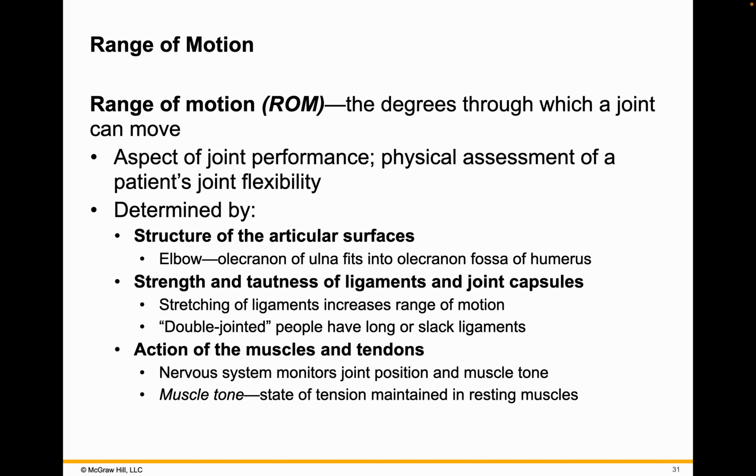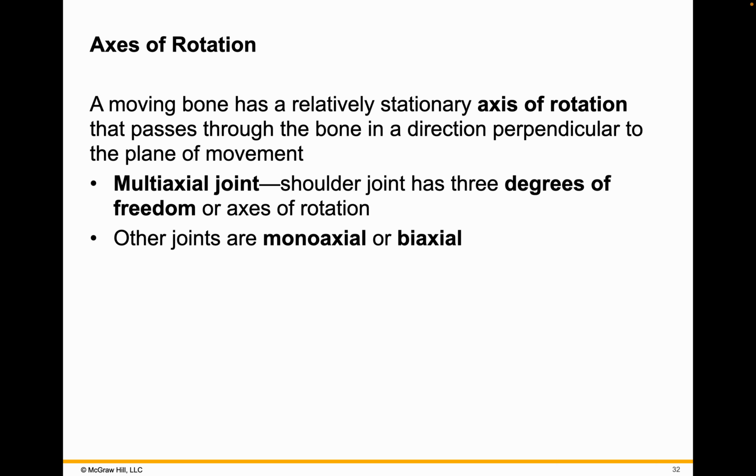Range of motion is the degree to which a joint can move. That's determined by the structure of the articular surfaces, the strength and tautness of the ligaments and joint capsules, and the action of the muscles and tendons. Moving a bone has a relatively stationary axis of rotation.